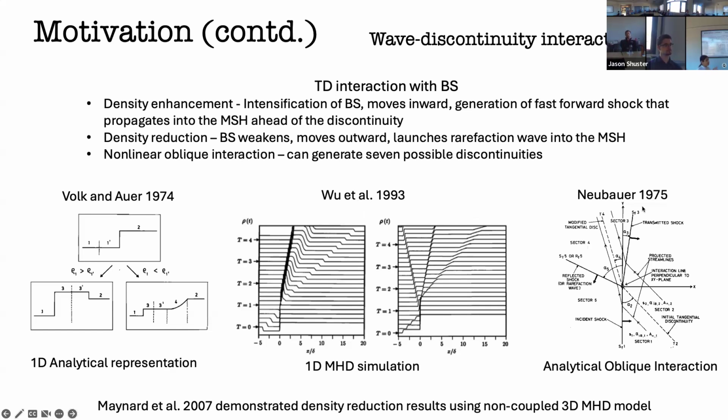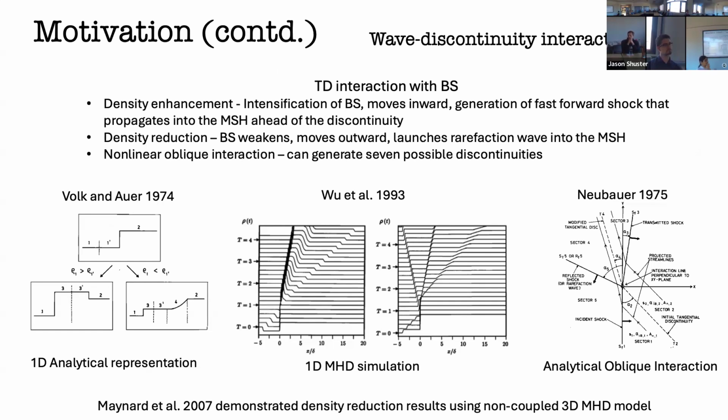However, in 1975, just a year after Wolfe and Dyer, Neubauer did an analytical calculation. When the interaction is head on, we know it would generate a fast forward shock.